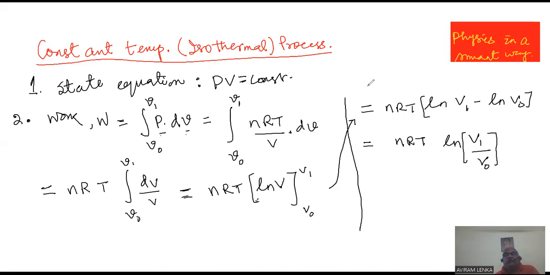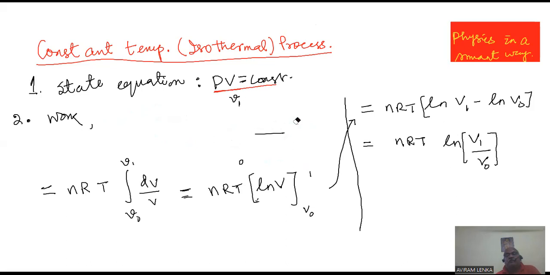This can also be changed into a form using the fact that PV equal to constant. These things have further utilization.